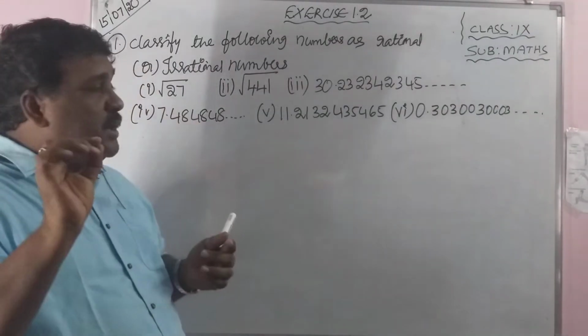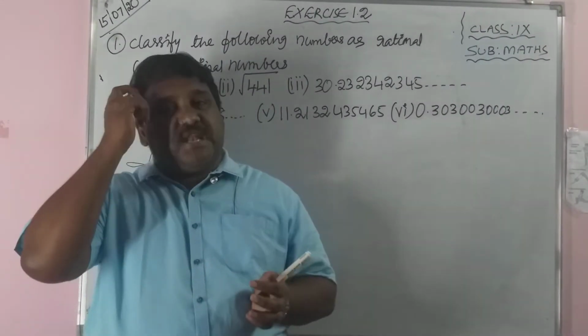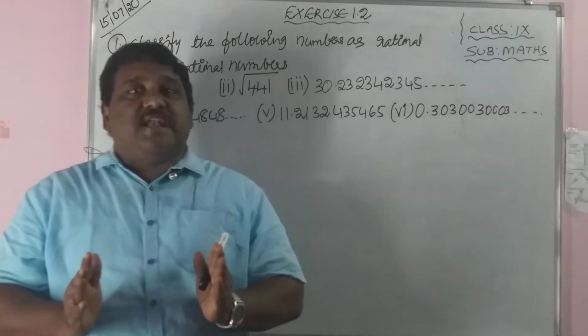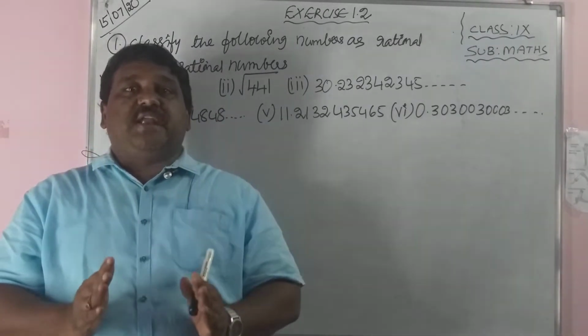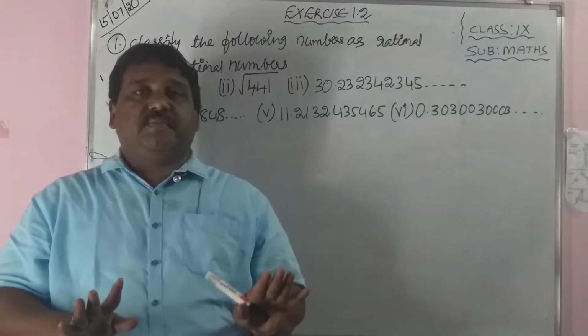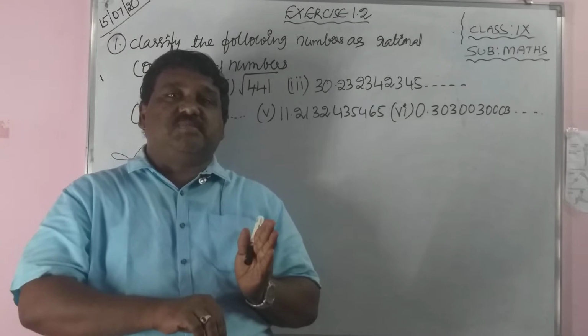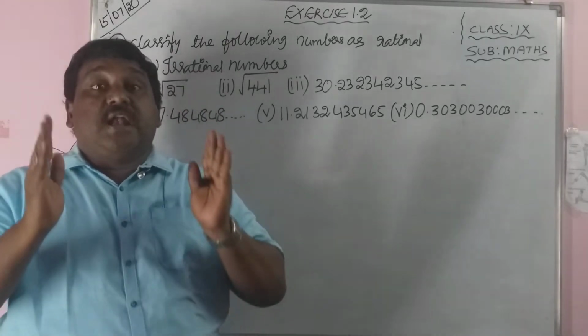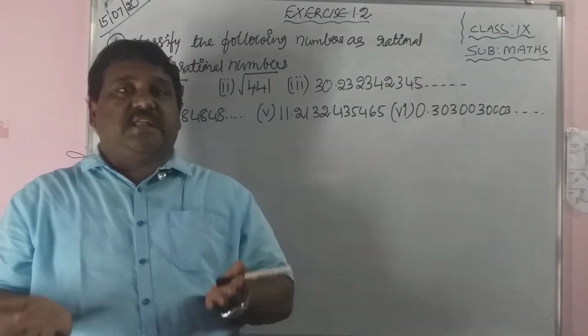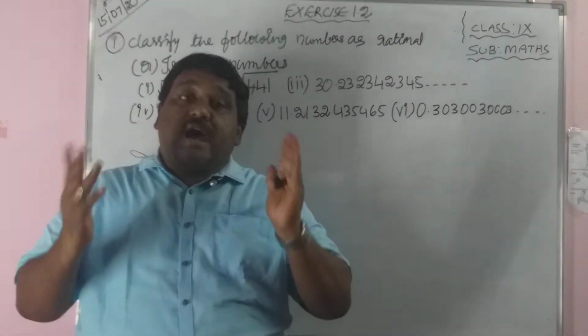One important point I told you in previous classes: the decimal representation of rational numbers is either a terminating decimal or a non-terminating repeating decimal. So a terminating decimal is a rational number. A non-terminating repeating decimal is a rational number.